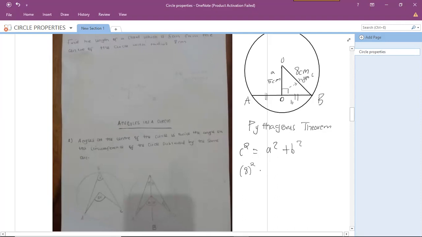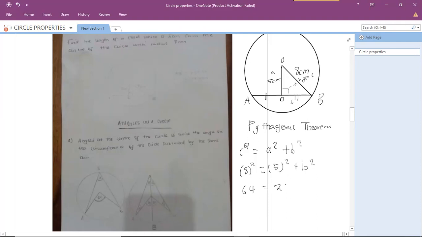So 8 squared is equal to A is 5, so we'll say 5 squared, plus B squared, which is what we want to find, that distance there. Then from there, we're going to evaluate. So we're going to say 8 multiplied by 8, that would be 64.